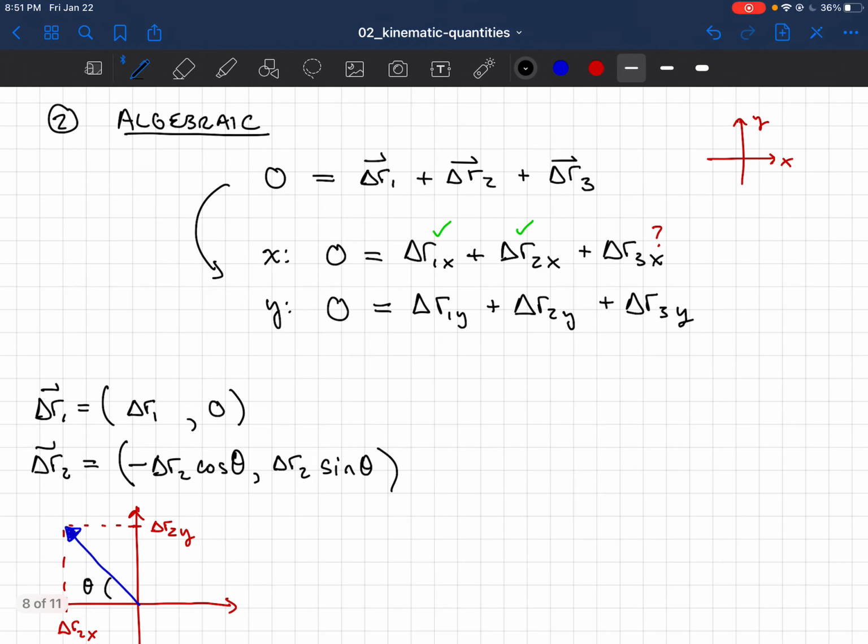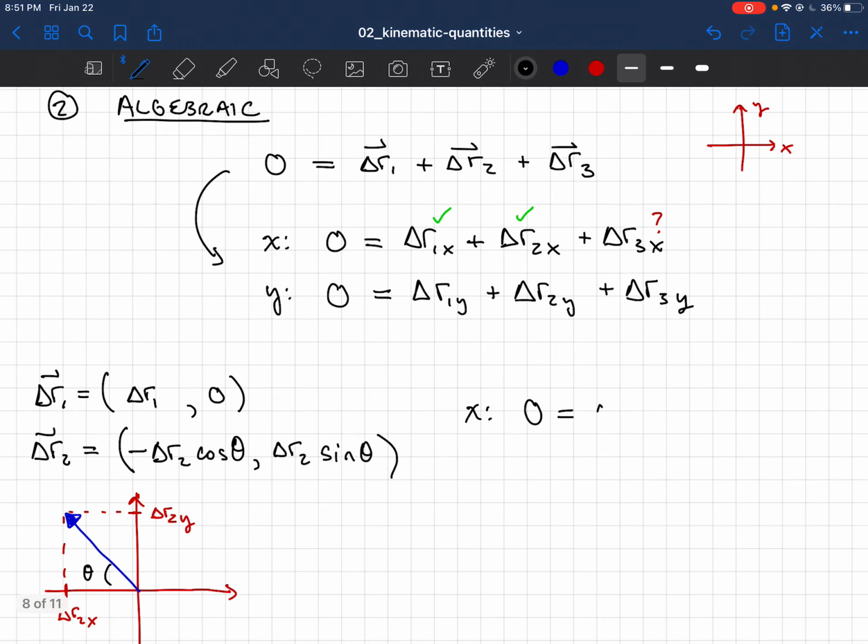Okay, so let's try and solve our problem now. So let's take the x equation first. So we have 0 is equal to r1x. Well, that is this number. That's delta r1. The delta r2x is this number.